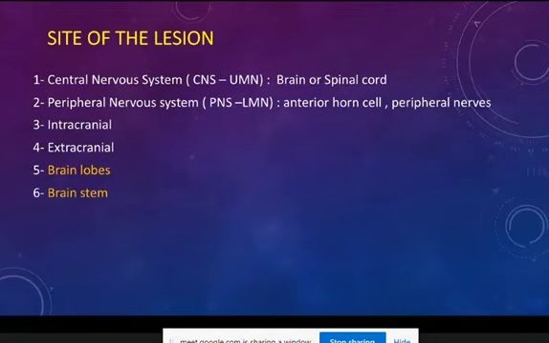This is more advanced localization. You will get full mark. So when you say brain stem, you will get some marks, but you will not get the full mark unless you say which part of the brain stem, because the brain stem has got 3 parts: midbrain, pons, and medulla oblongata. And the lesion might be in the basal ganglia.